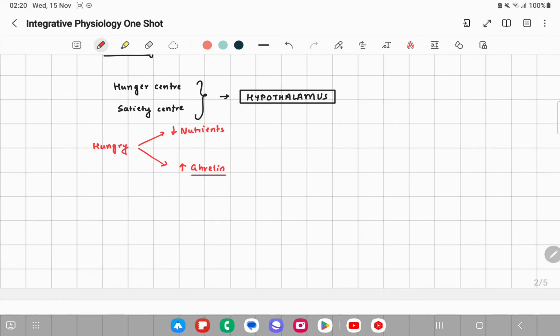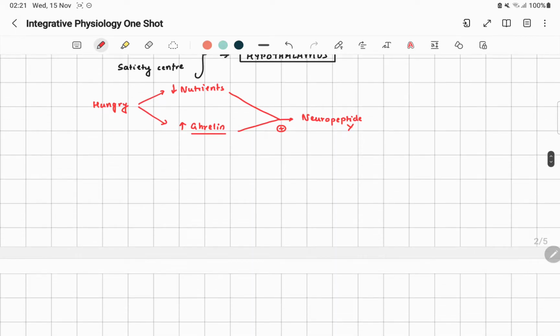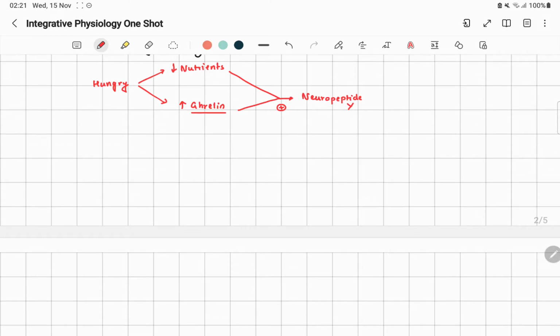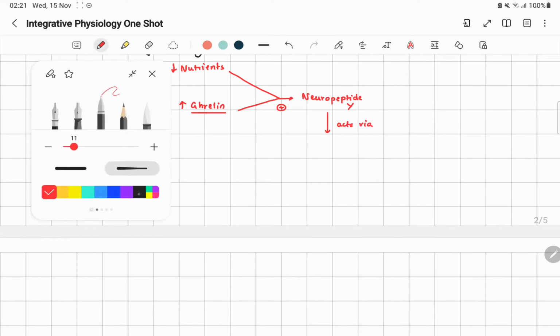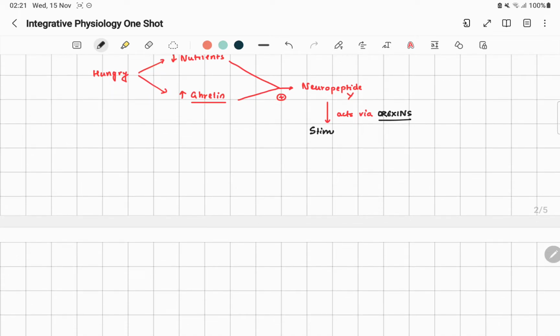Ghrelin is the hunger-producing hormone. Both of these will stimulate neuropeptide Y. Due to the stimulation of neuropeptide Y, it acts via substances called orexins. Orexins stimulate appetite, and the person eats food.